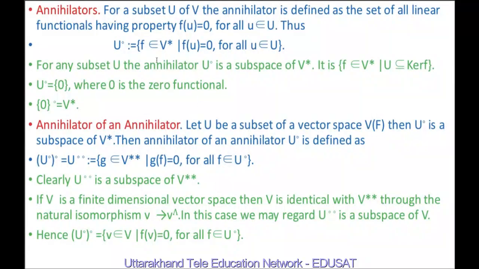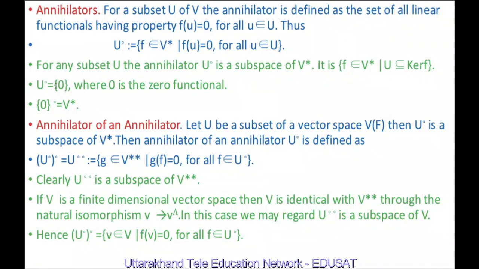Now annihilator. For a subset U of V, the annihilator is defined as the set of all linear functionals having the property f of u equal to 0 for all u belonging to U. We denote the annihilator of U by U dot, with the dot in the superscript, and U dot is equal to the set of functionals f belonging to V star, dual of vector space V, such that f of u equal to 0 for all u belonging to U. For any subset U, the annihilator U dot is a subspace of V star, and it is equal to the set of f belonging to V star such that U is a subset of kernel f.